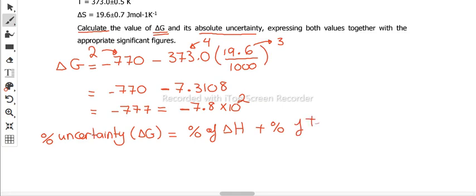I will start with the temperature plus the percentage of the delta S. Now you will apply the uncertainty for each number given.